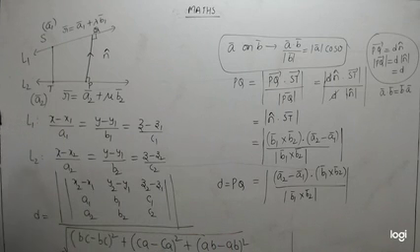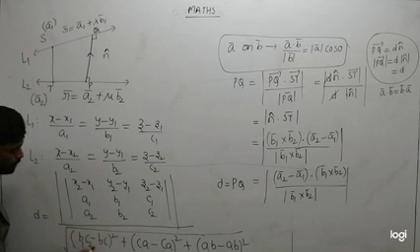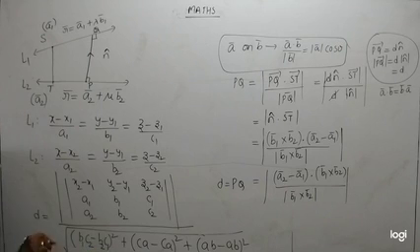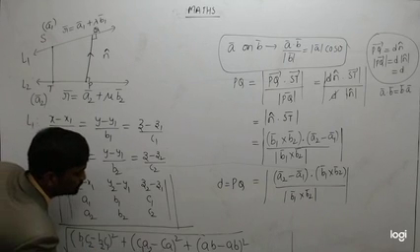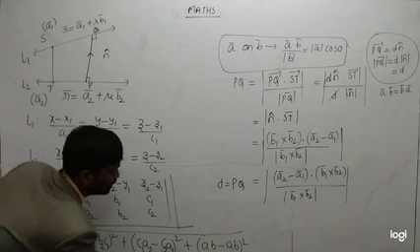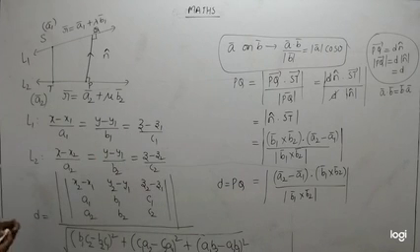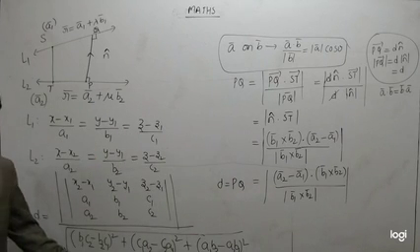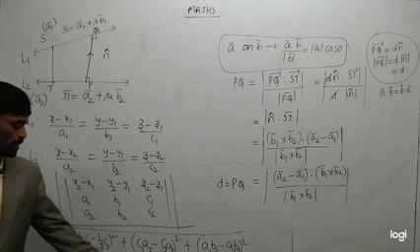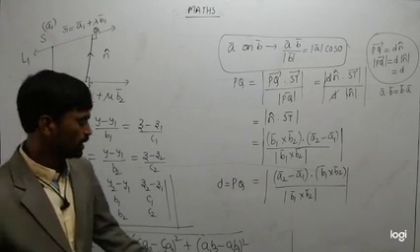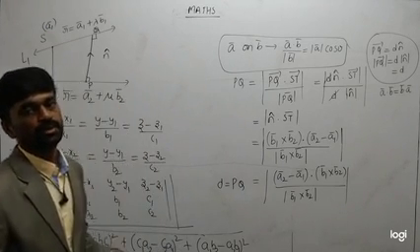Then you write 1 2, 2 1 here: 1 2 2 1, 1 2 2 1. So that means divided by the square root of (b1 c2 minus b2 c1) whole square plus (c1 a2 minus c2 a1) whole square plus (a1 b2 minus a2 b1) whole square.